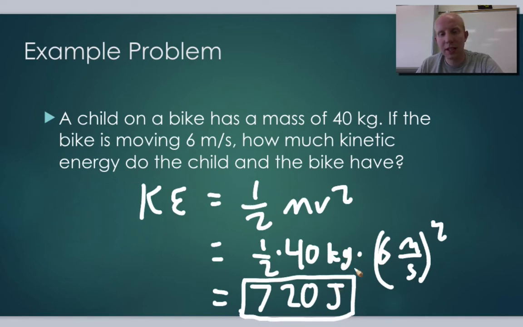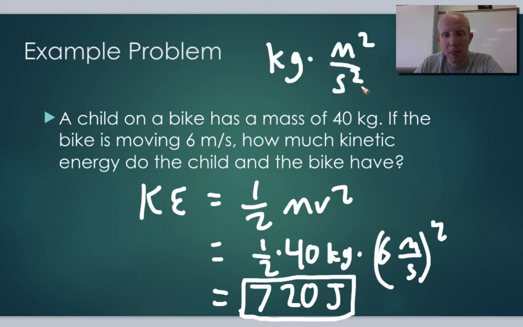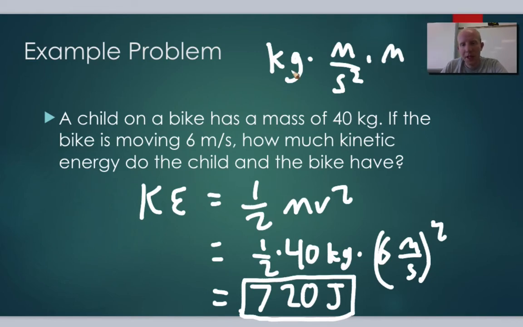Now, just as a sanity check, let's make sure we end up with the correct units for joules. Recall that a joule is a Newton meter. So if you look at this, we have kilograms times meters squared on top over seconds squared. Now that may not look like a Newton meter, but if I rewrite this as a kilogram meter times a meter, we get kilogram times meter over second squared.